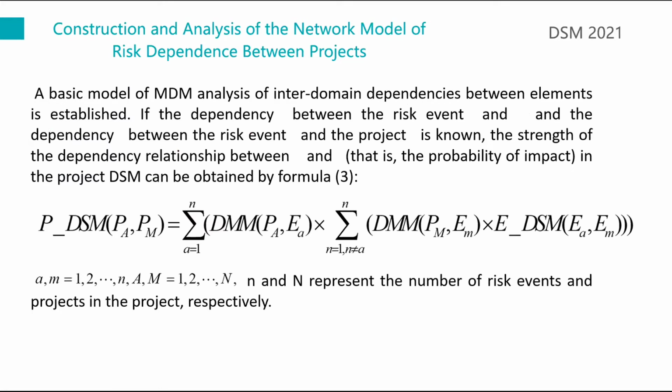A basic MDM analysis of the inter-domain dependencies between elements is established. If the dependency between the risk event and the project is sure, the strength of the dependency relationship can be shown in Formula 3.